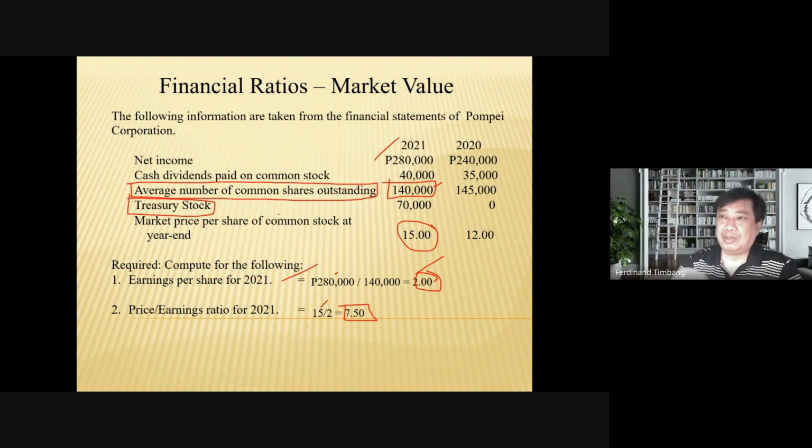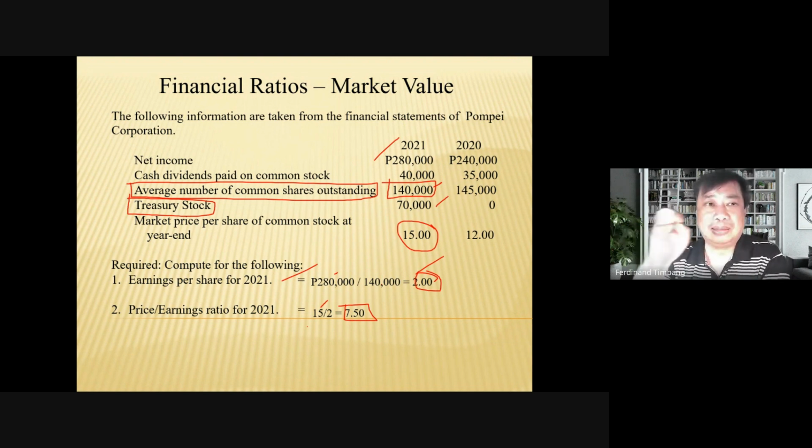But let's say they mention only the common shares outstanding, 140. Then you have to remove the 70,000. But since the one given is already the average, the assumption here is that the treasury stock has been removed. Because treasury stock is not already part of the common shares outstanding.